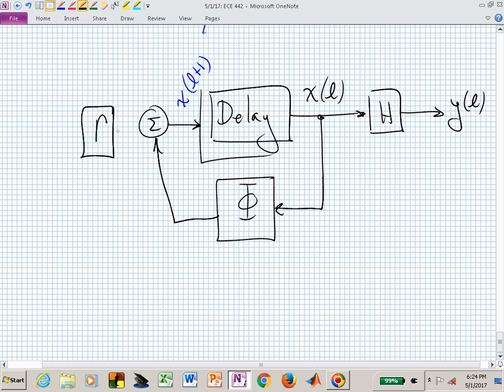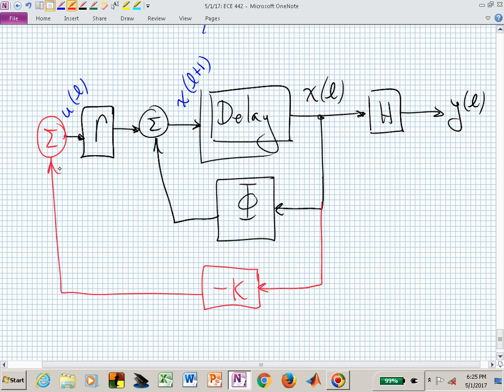We also have our input matrix that is directing how the input is coming into that next state vector at time step L plus 1. And what makes that up? Well, out here, we now also are measuring our state and using that to inform what we're doing at the input to the system.